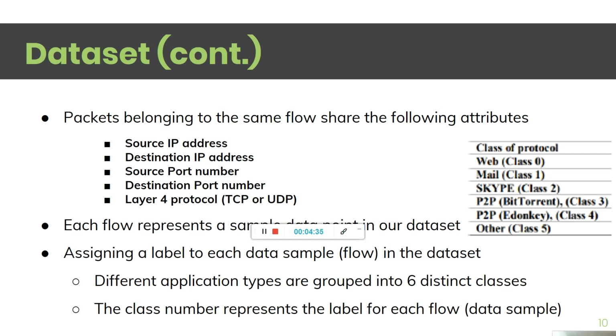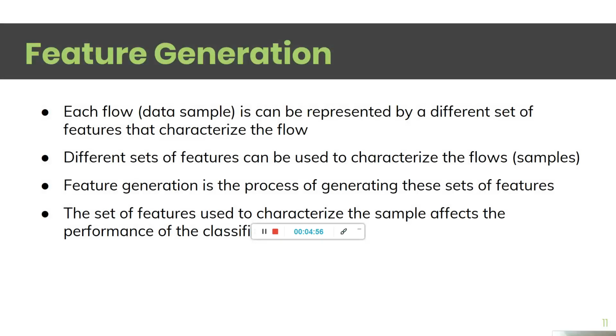As you can see on this slide, mainly web applications were assigned to class applications, class 1, etc. So for each flow or sample point in our data set, it will belong to one of these 6 classes, which will be the label of that sample point.